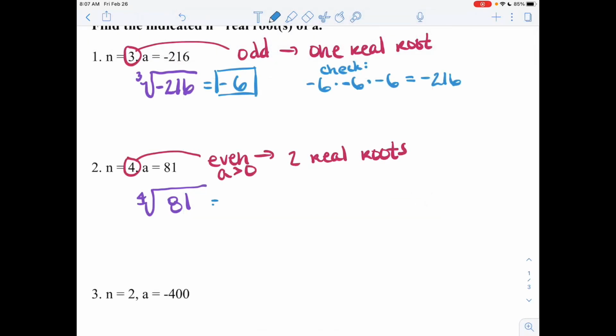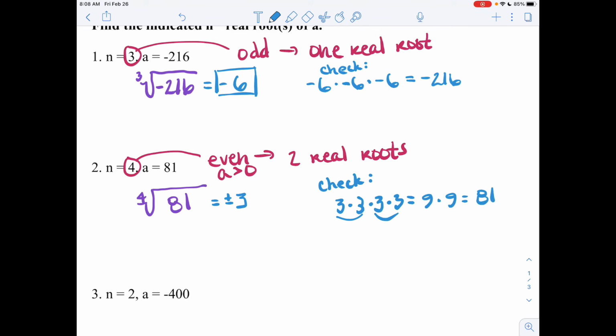All right, so the fourth root of 81 we found out from Desmos was 3, but we're smarter than Desmos and we know that it could be a positive or a negative 3. Let me show you why. If we do a check on this and we take 3 times 3 times 3 times 3, well, if we group these together, that's 9, and then times another 9, which is, of course, 81.